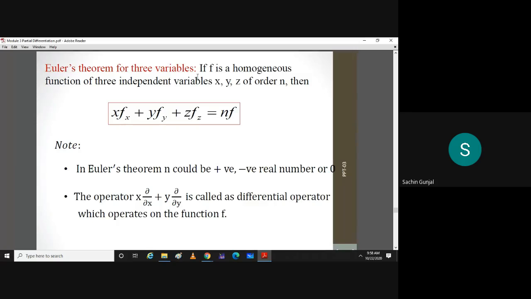Okay, the statement is same, just it is for 3 variables, and you can actually write down this statement for an n variable function. Have you noted the previous theorem and this theorem?